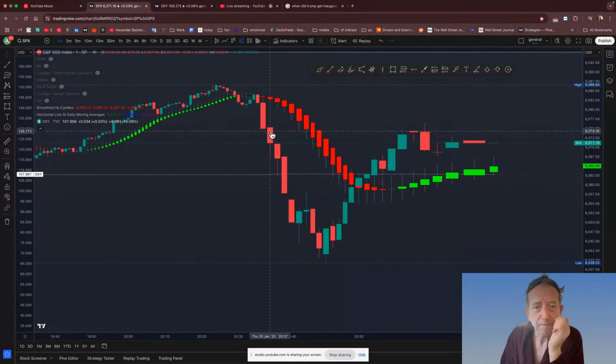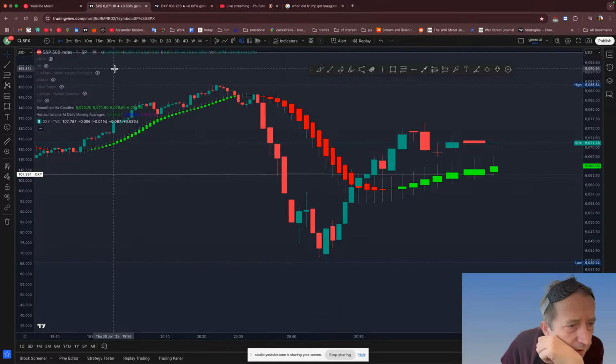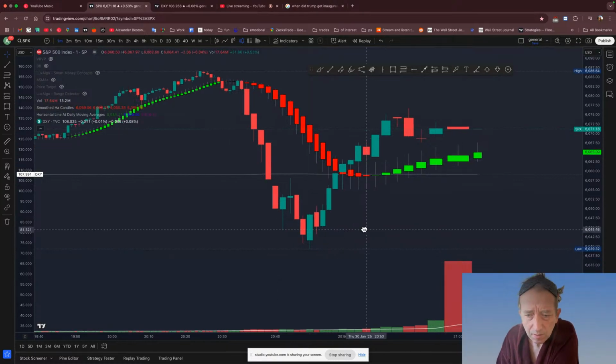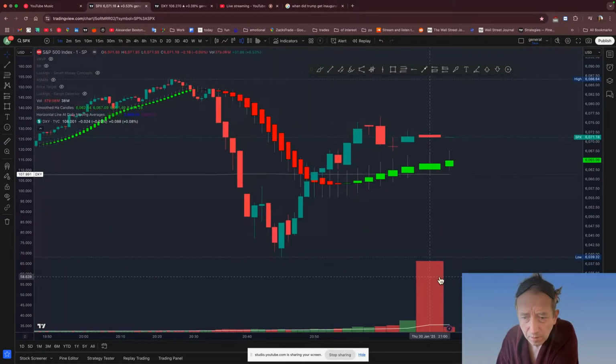Oh, look at that. So we've had a recently really big, these candles are big. Let's get the volume thing up. Well, that is. Oh, it's actually on here.